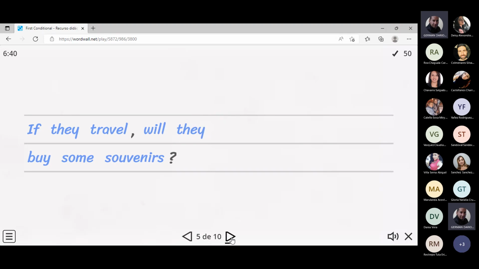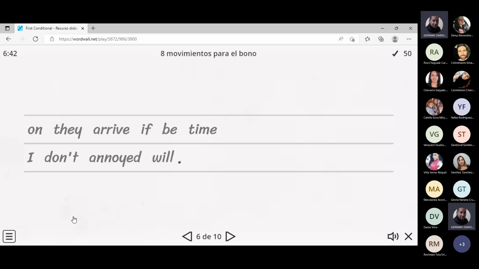Okay. Number 6. Other volunteer, number 6. No comma. Si no hay coma, ¿qué hago? Only one volunteer. Okay. Igual sería también I will.